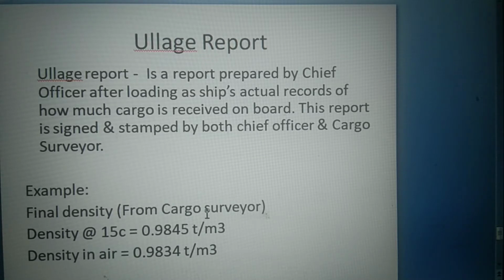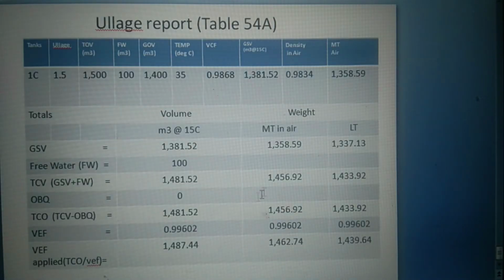Now we will proceed to the Ullage Report contents. Okay guys, this is an example of an Ullage Report. In this example, I used table 54A. This means that we are calculating cargoes from cubic meter figures.